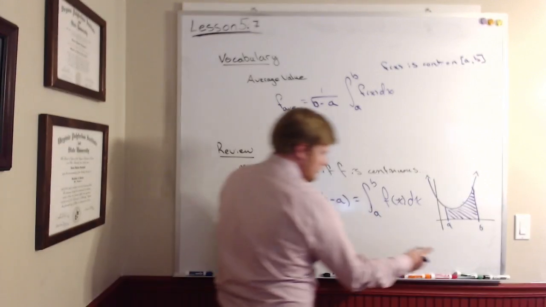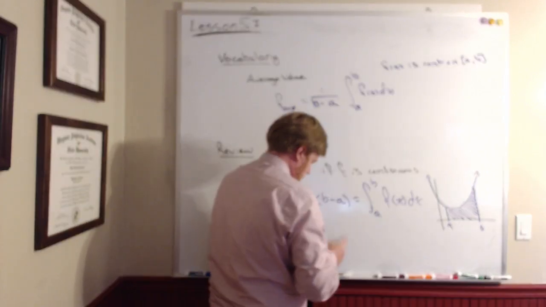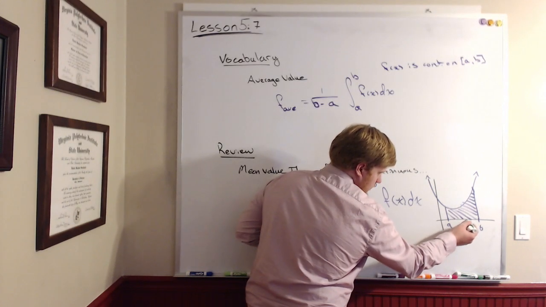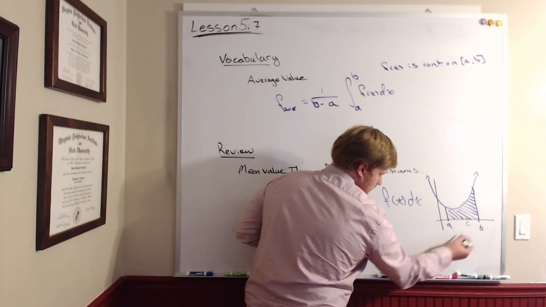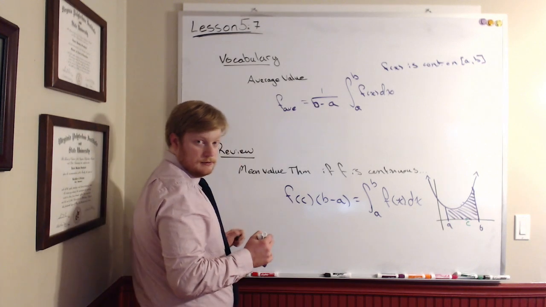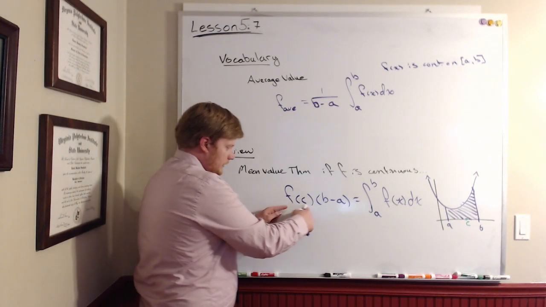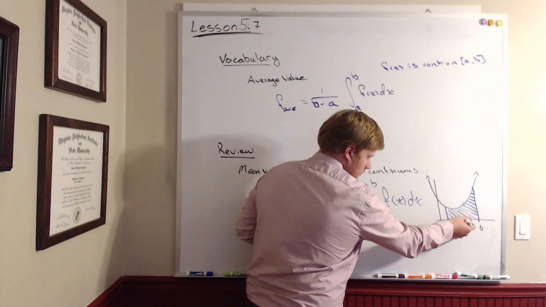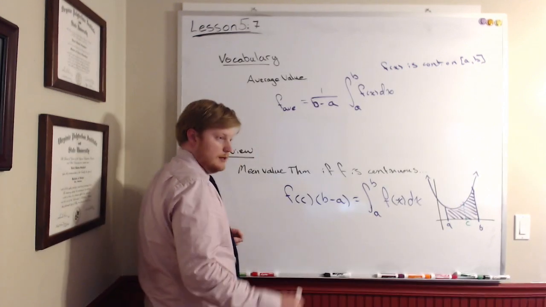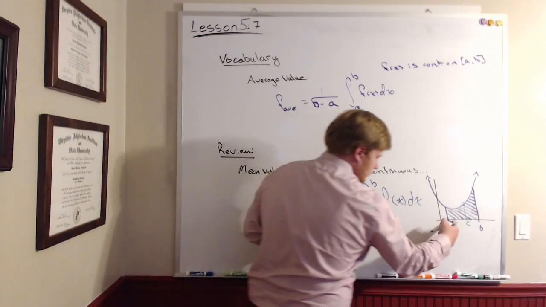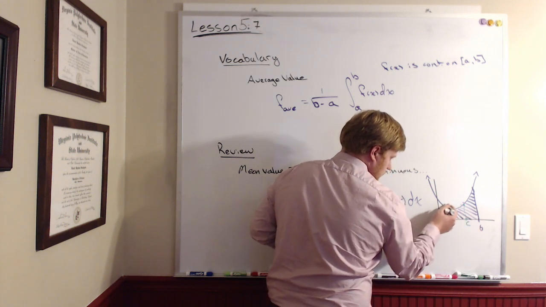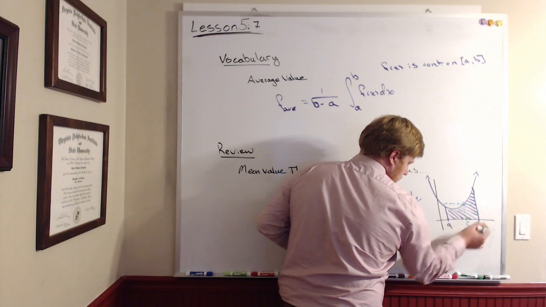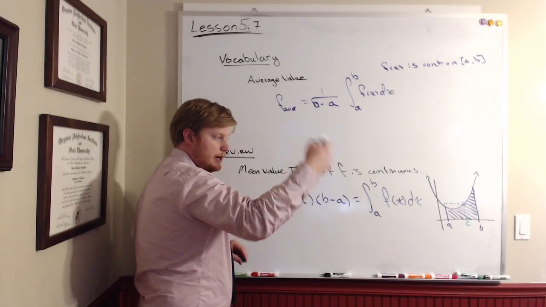Somewhere between a and b, there is a point, c, where the value at c, that height, times the width of the interval, which gives me the area of this rectangle, must be equal to the area under the curve.